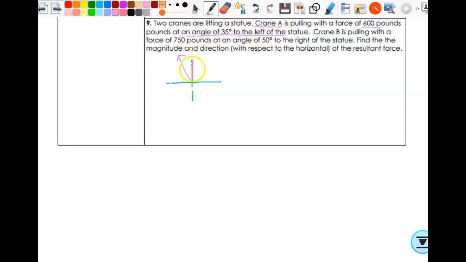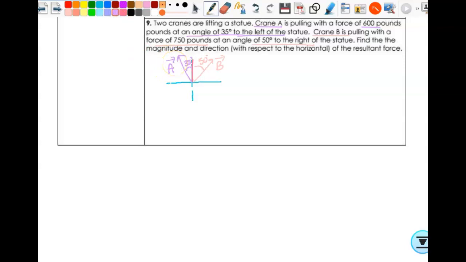So this angle right here is 35. So it's not a theta, it's not a bearing, it's not anything, it's just an angle with the statue. Then the crane B is pulling with a force of 750 pounds at an angle of 50 degrees to the right of the statue. So this is 50 degrees. Let's see, this was B, and this was A.